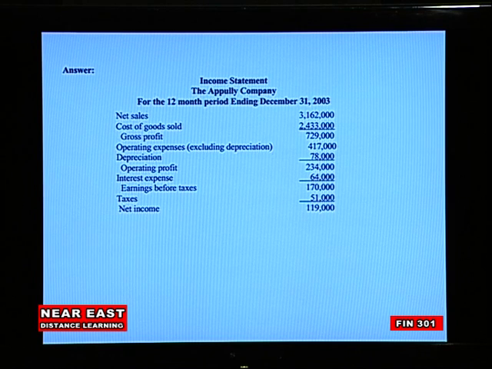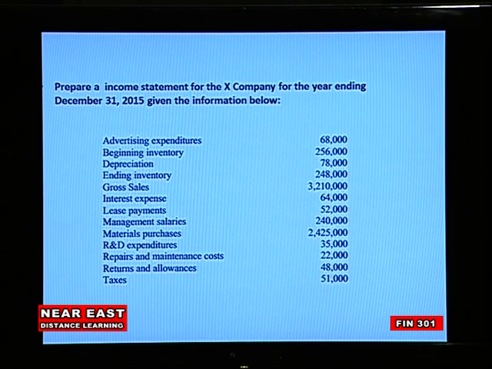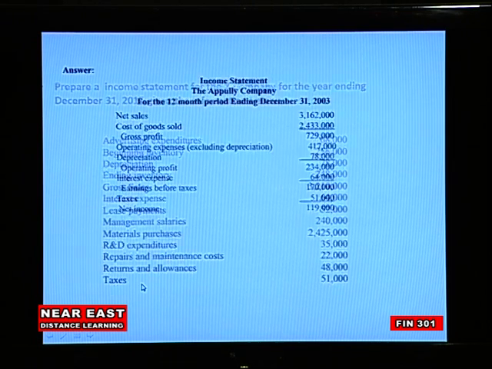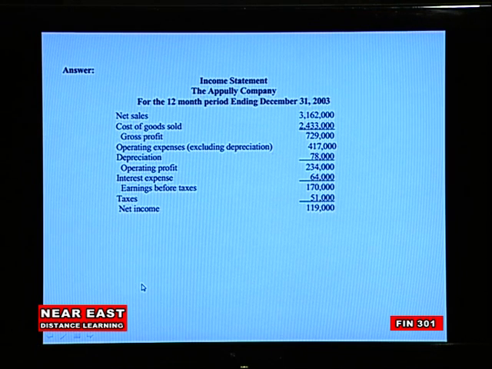After that, we subtract operating expenses. We calculate all operating expenses, including management salaries and research and development. After that, we arrive at operating profit.